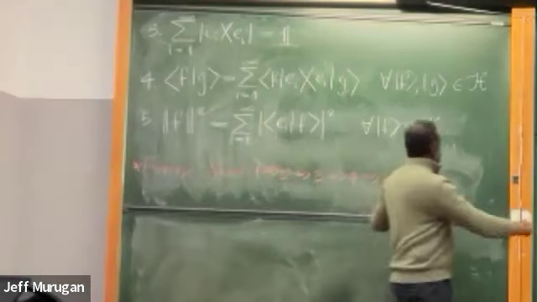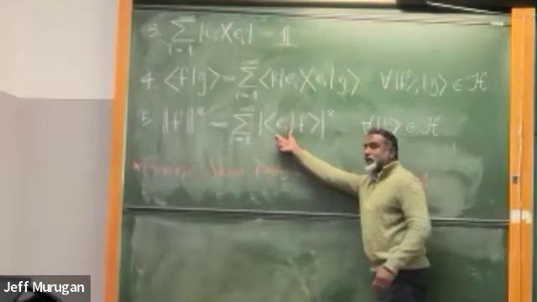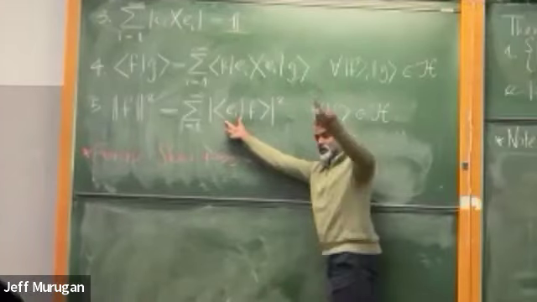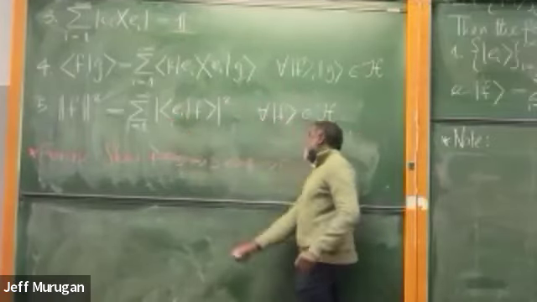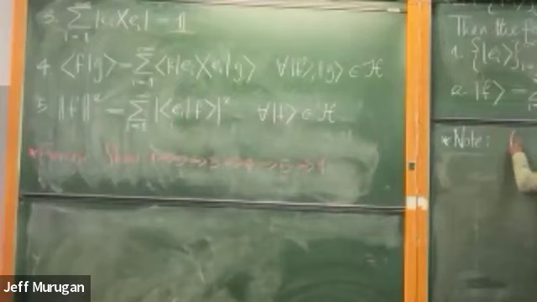Okay? Now what we do when we do this is we take that guy, the column vector, and we make it into a row vector. So this is a row vector with zeros everywhere except the ith position where it has a 1. Okay?